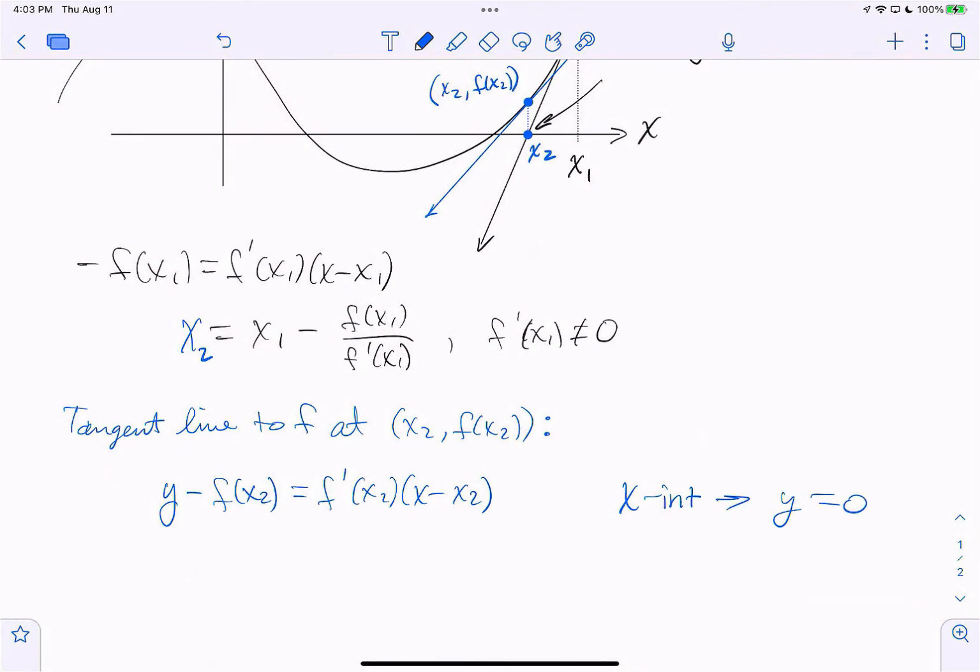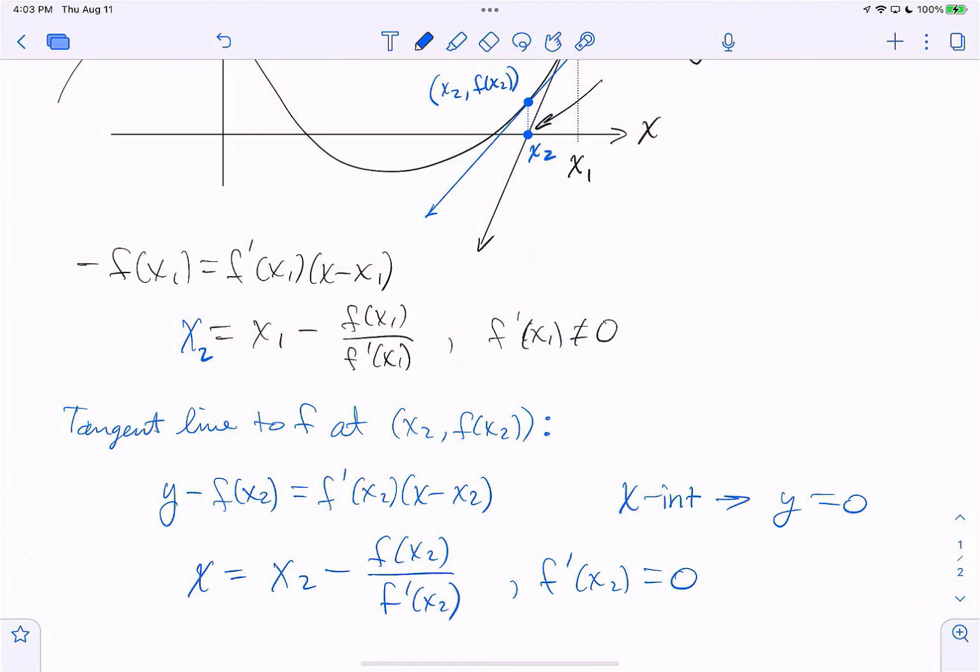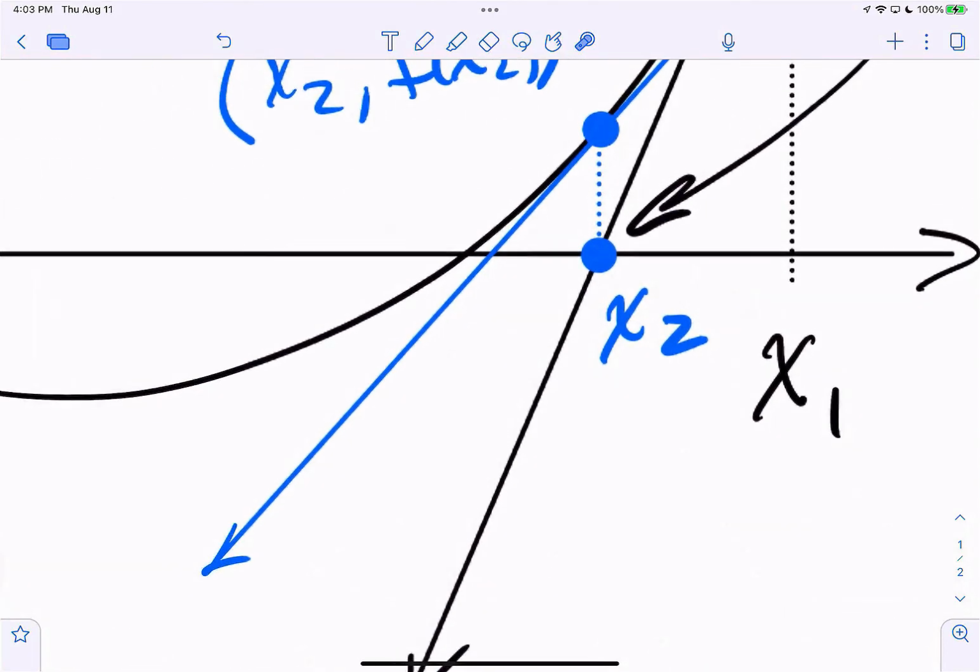You can see that this process is going to give me, for this x, the expression x is equal to x2 minus f of x2 divided by f prime of x2, again provided f prime of x2 is not equal to 0.